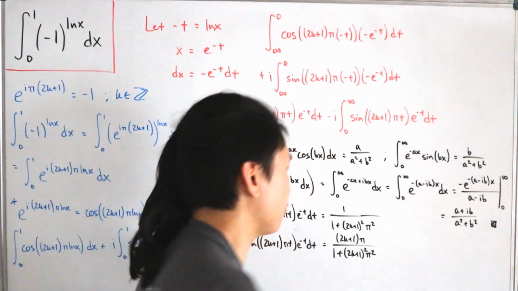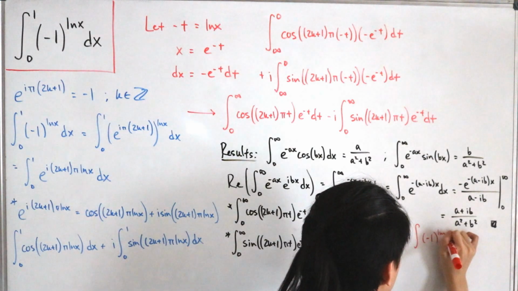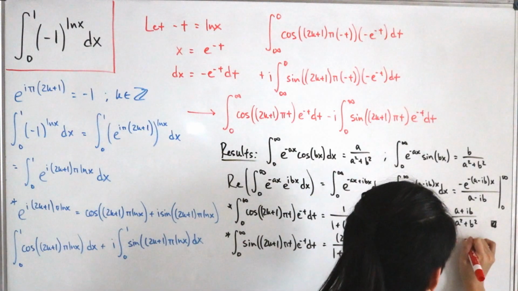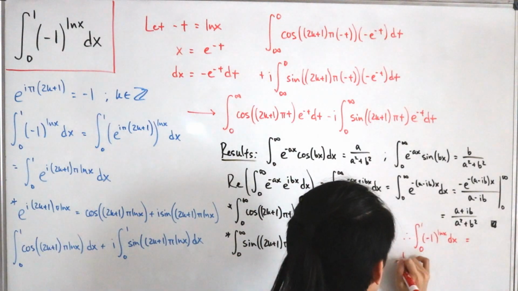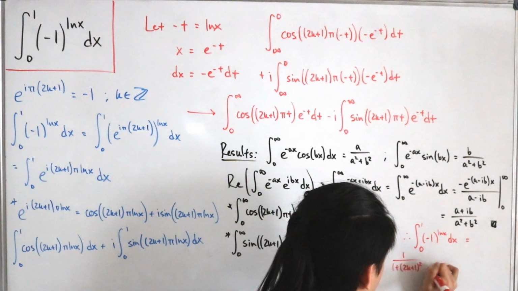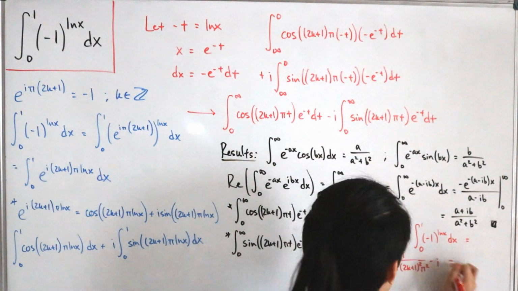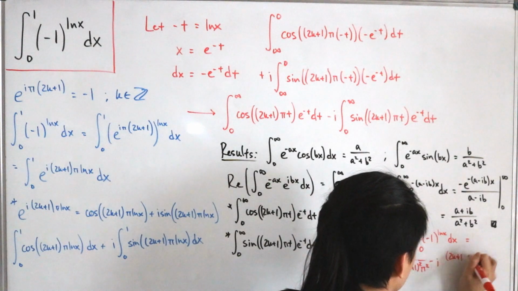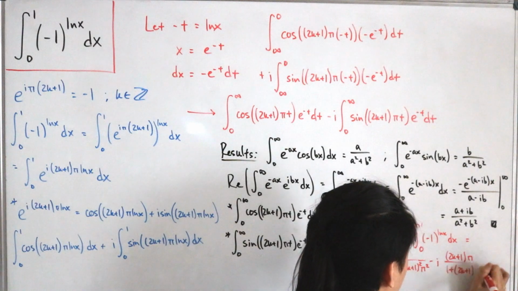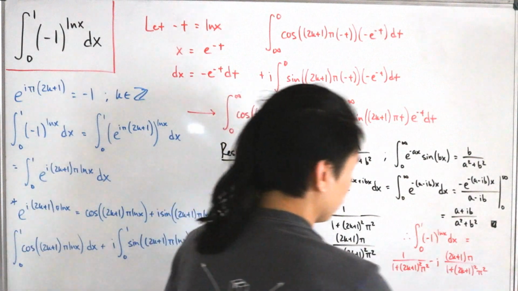Therefore, the final answer is that the integral of (-1) to the power ln of x, dx from 1 to 0, is going to equal 1 divided by 1 plus (2k plus 1) squared pi squared, minus i times (2k plus 1) times pi, divided by that same denominator, 1 plus (2k plus 1) quantity squared, times pi squared. And just like that, we have finished calculating our integral.